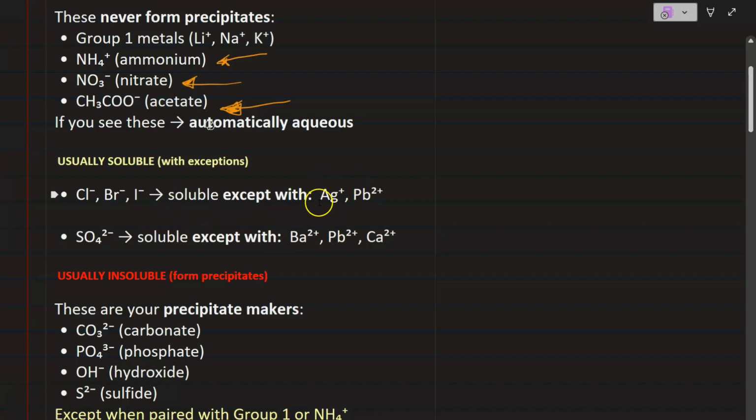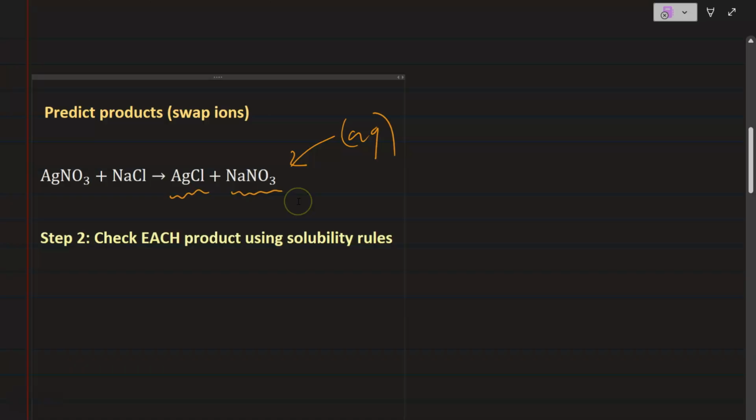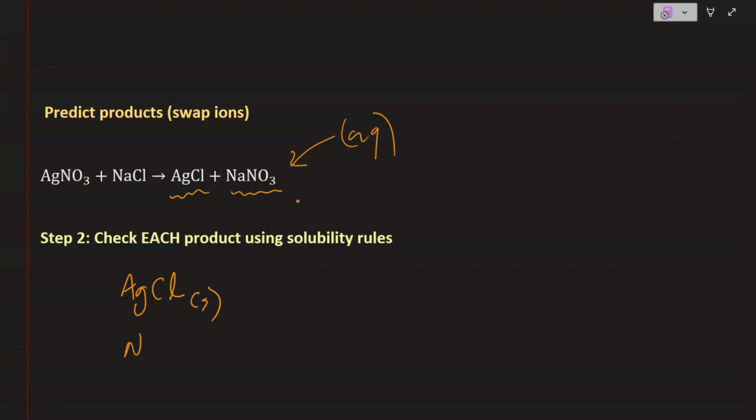So this is an exception, and therefore that will give you a precipitate. All right, so that's a solid one. So this one will be AgCl, solid, and NaNO3, sodium nitrate, is aqueous. Excellent. All right, simple as that.